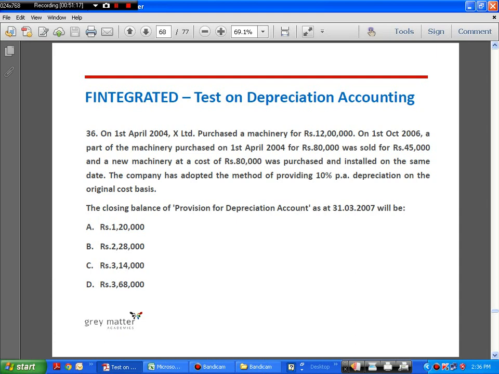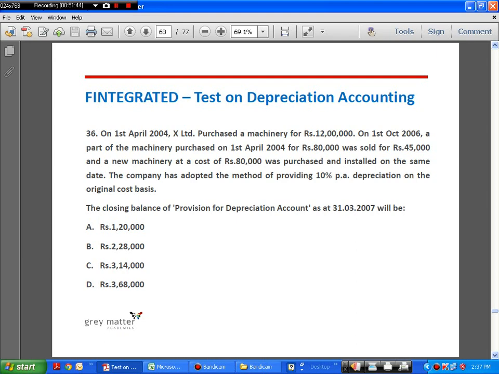The company has adopted the method of providing 10% per annum depreciation on the original cost basis. Original cost basis means the straight line method. You are required to find out the closing balance of the provision for depreciation account as at 31st March 2007, right?